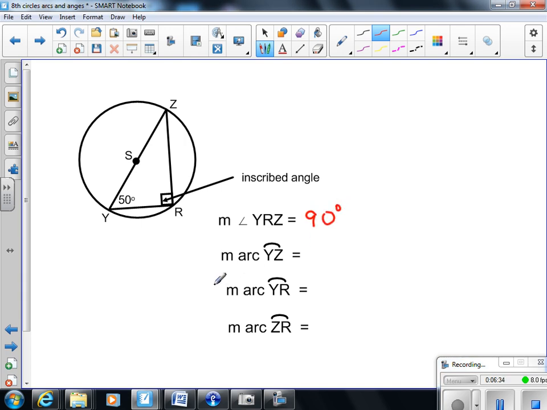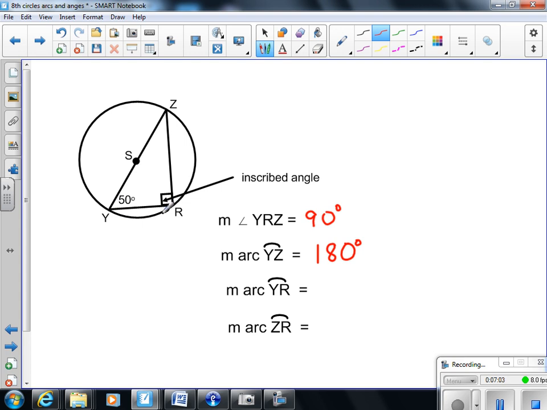What's then the measure of arc YZ going to be? Well, it will be double what the inscribed angle's measurement would be, since this angle is half what the measurement of that arc would be. So you're kind of working it backwards, and it would be 180 degrees. What's the measure of arc YR? Okay, so that's this one.